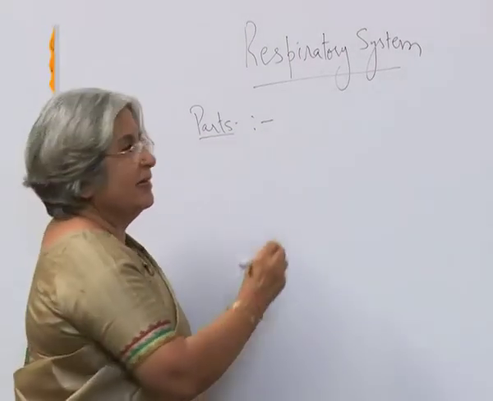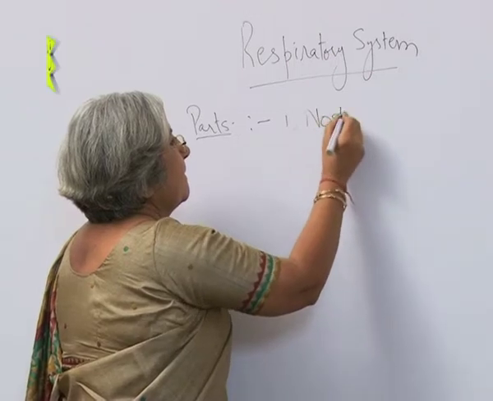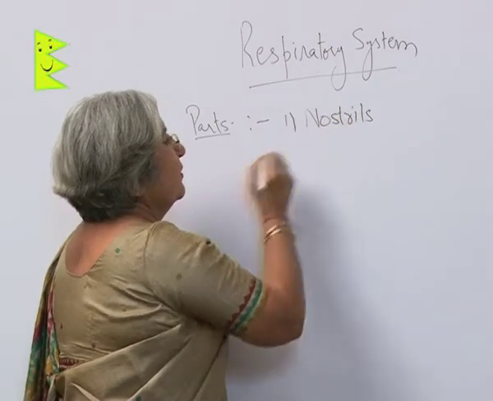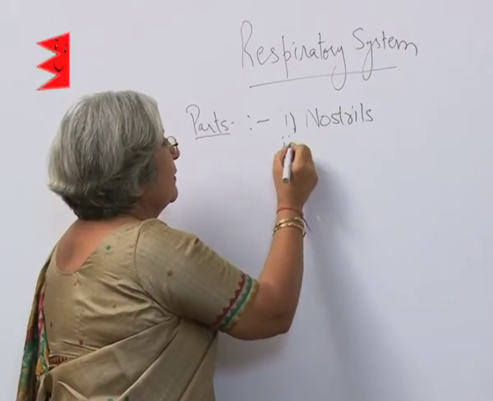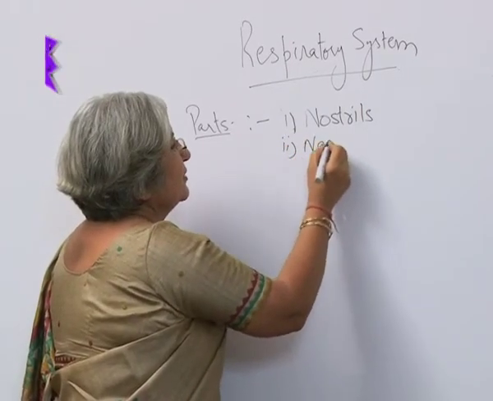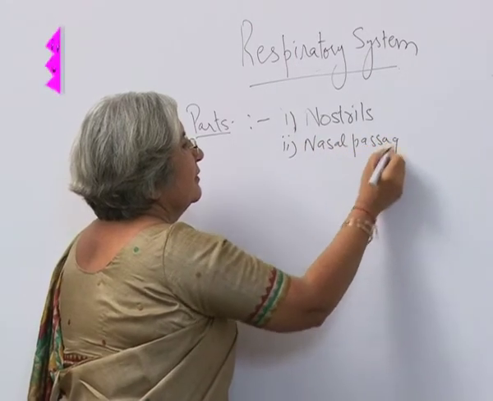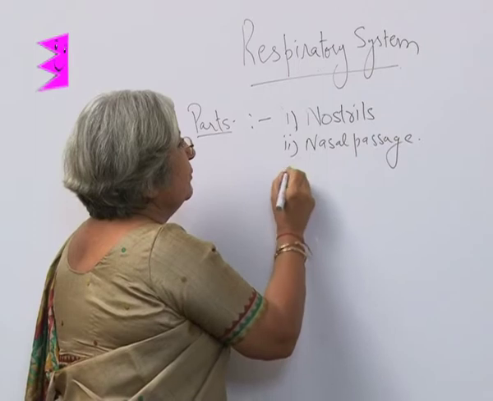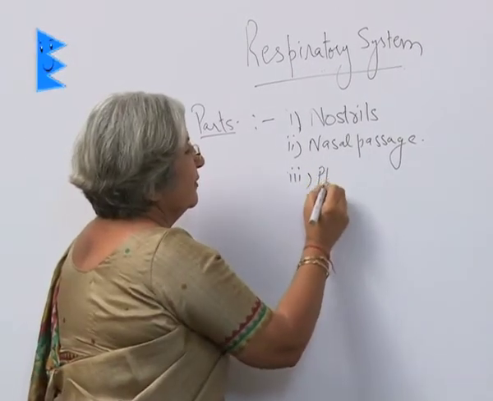The first part is the nostrils, which lead to a passage, and that passage is called nasal passage, which further leads to a common passage, the pharynx.